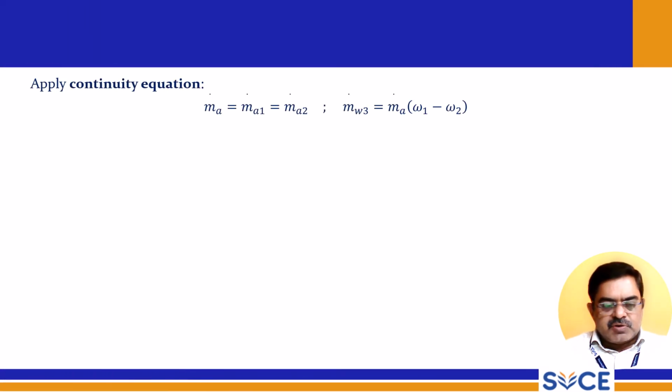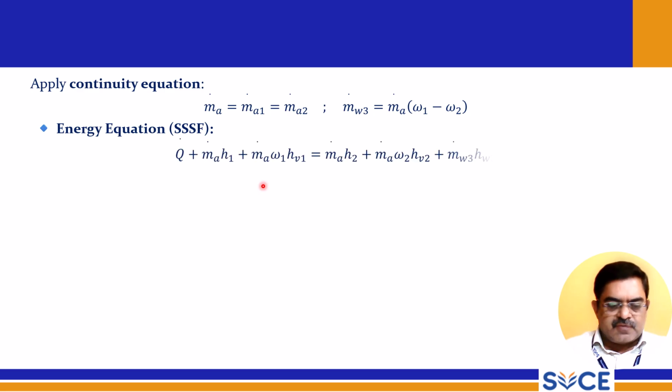So applying the continuity equation, we can see m_a equals m_a1, which equals m_a2. So m_w3 equals m_a into omega 1 minus omega 2, and the energy equation, the steady flow equation: Q plus m_a h1 plus m_a omega 1 h_v1 equals m_a h2 plus m_a omega 2 h_v2 plus m_w3 h_w3.